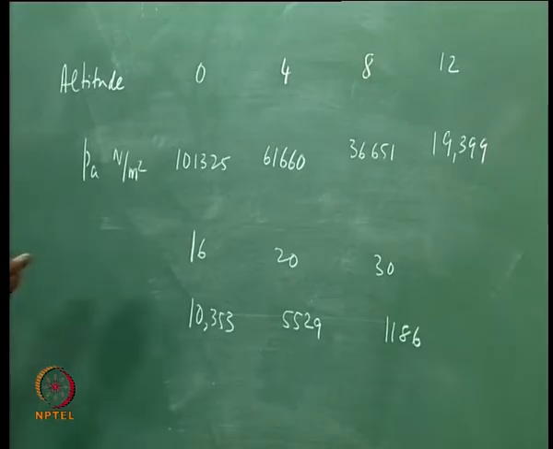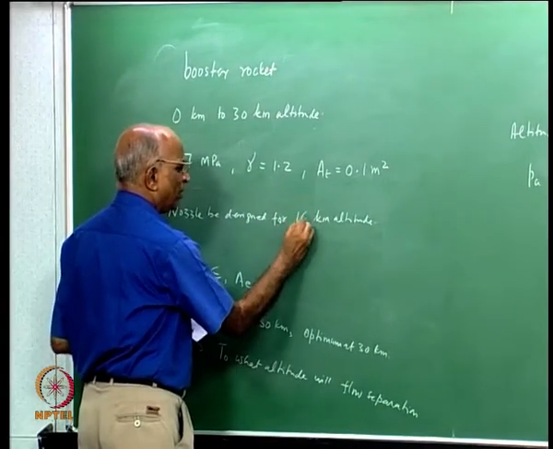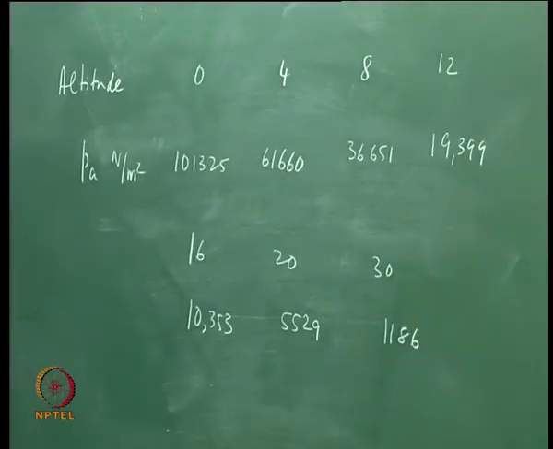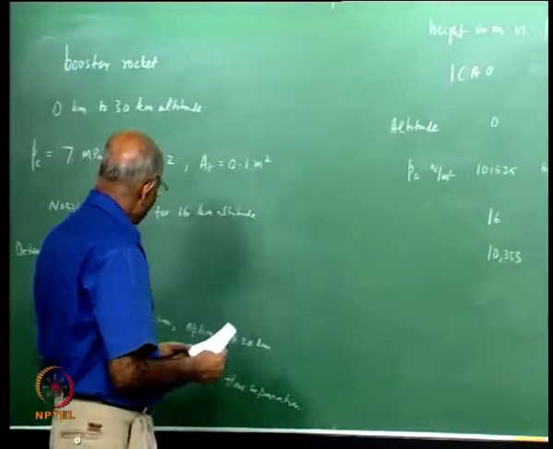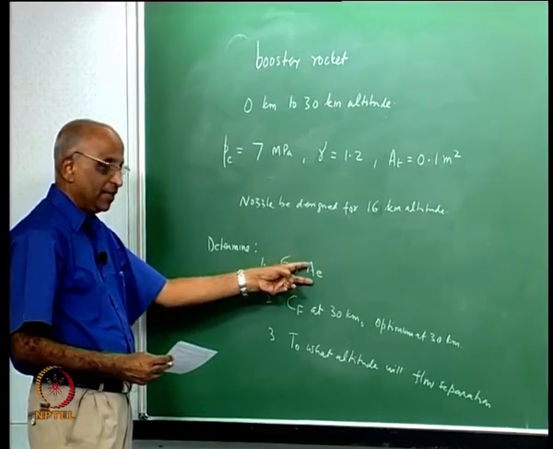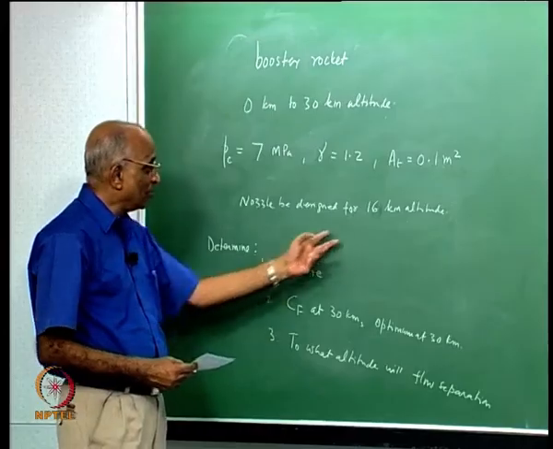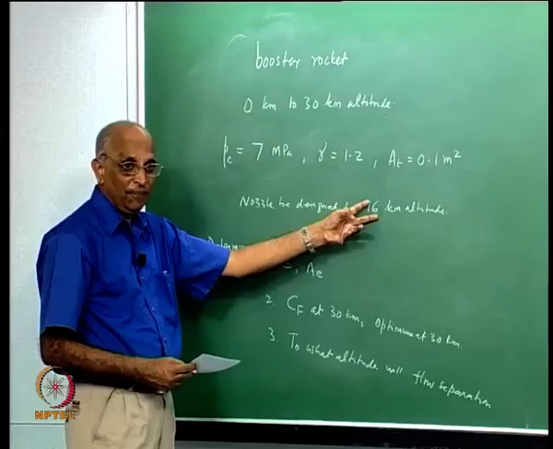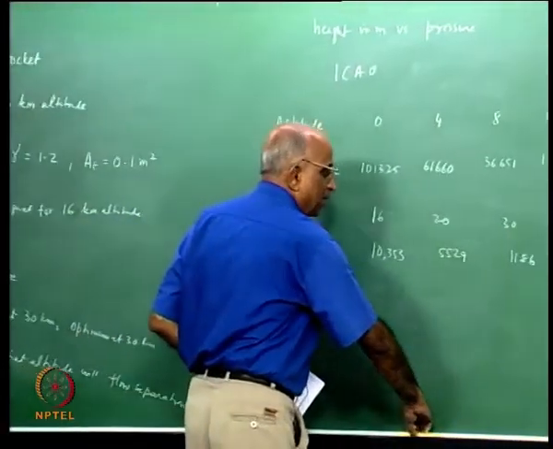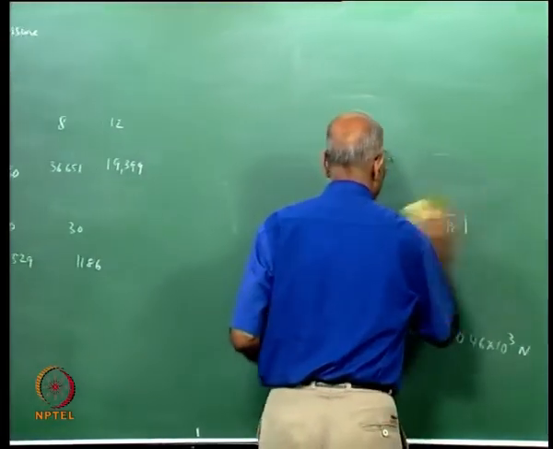Since the table does not give the value at 15, let us assume that the nozzle is designed for 16 kilometer altitude, so that the ambient pressure is available to us. For now, let us try to do these three. We would first calculate the area ratio of the nozzle and the exit area. The nozzle is designed for 16 kilometer altitude, therefore we will have PE equal to PA, and what should be the value of PE for the nozzle?